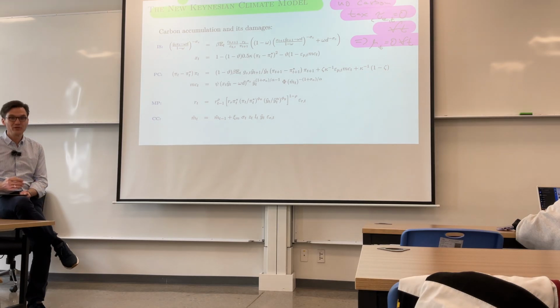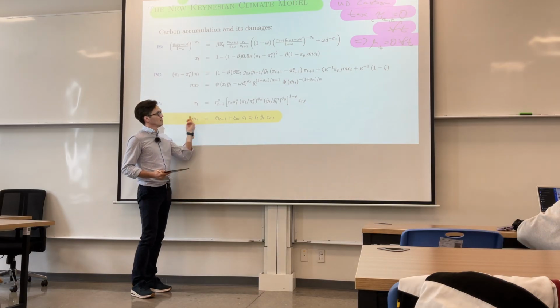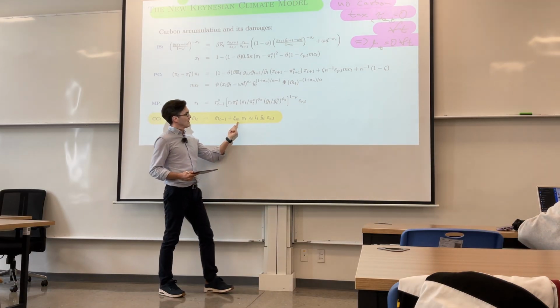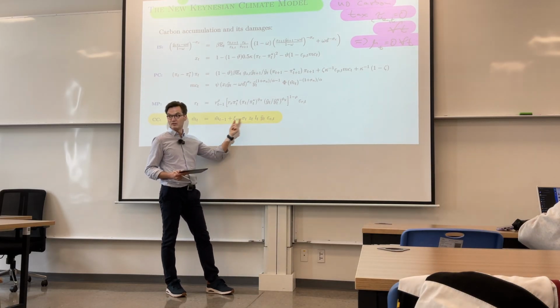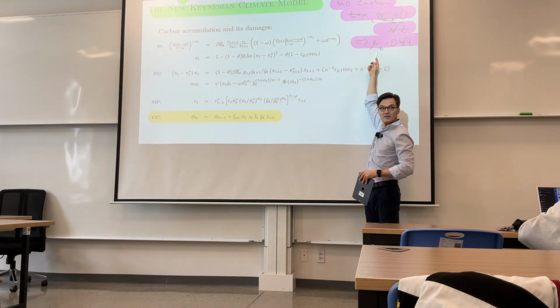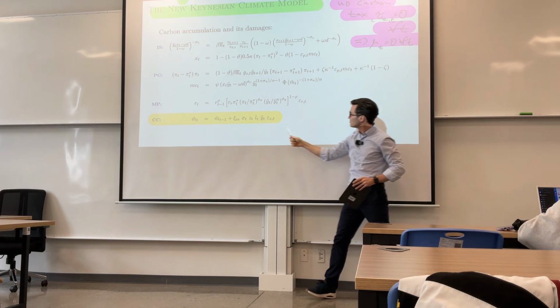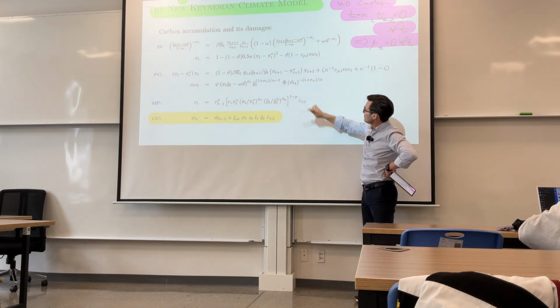Well, I think the easiest one is the carbon emissions accumulation constraint. We're going to see the carbon emissions being accumulated, driven by this accumulation constraint. But notice there's no mu in here. That mu is equal to 0 in all periods in time. There's no abatement. That's why mu doesn't show up here. There's no change in the monetary policy part.